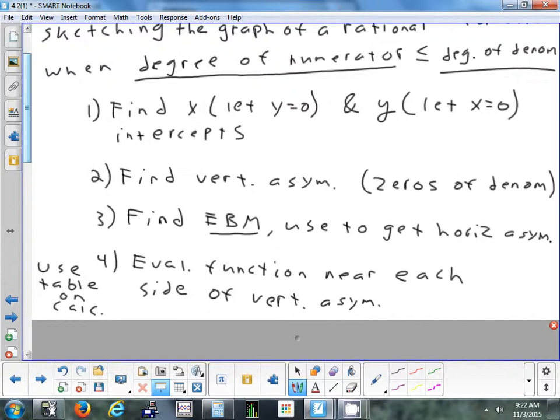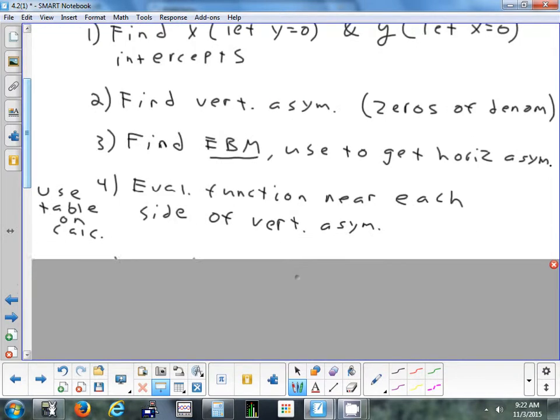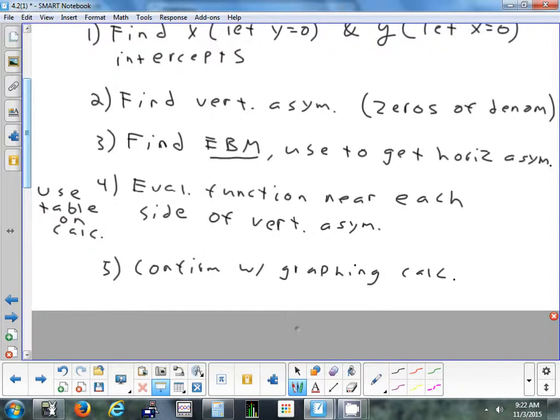Check the behavior on each side. And then the last step, we can graph it on the calculator and make sure that what we're sketching matches what we should get. I will ask you to find these things as you graph it. I'll ask you for the end behavior model, vertical asymptotes, horizontal asymptotes, and possibly the intercepts, if they exist.